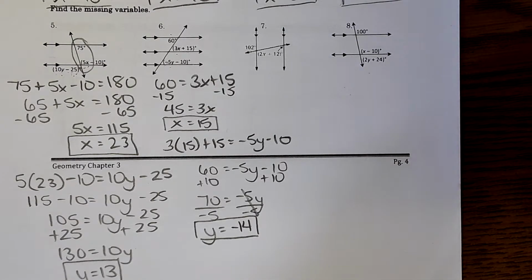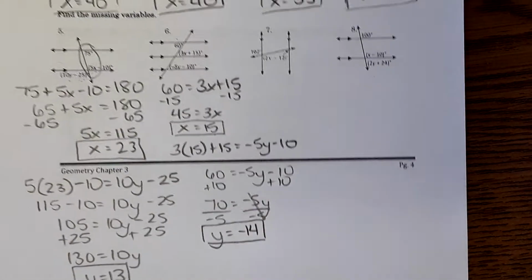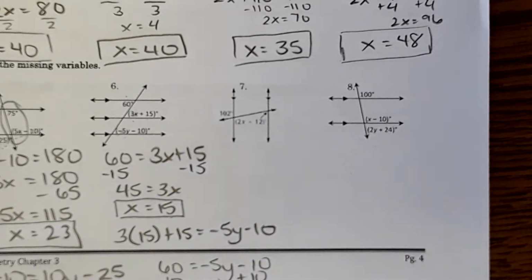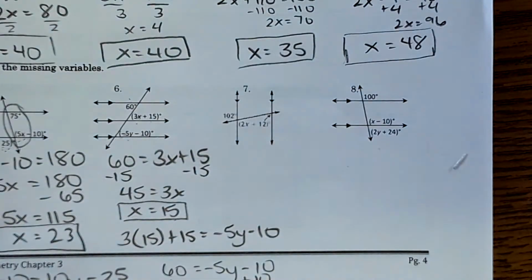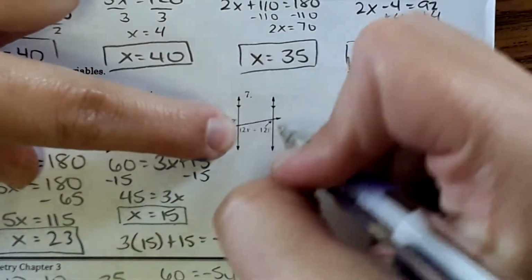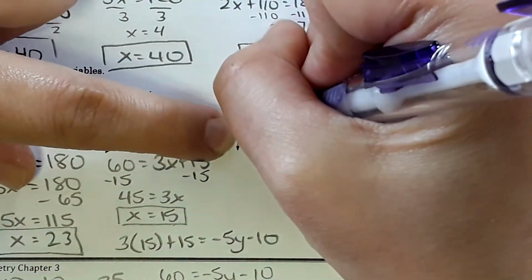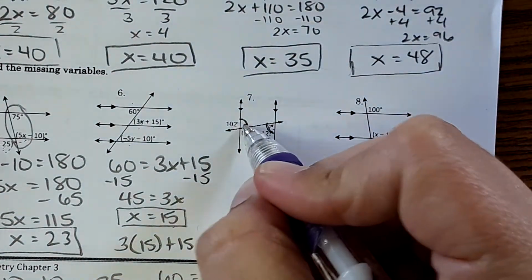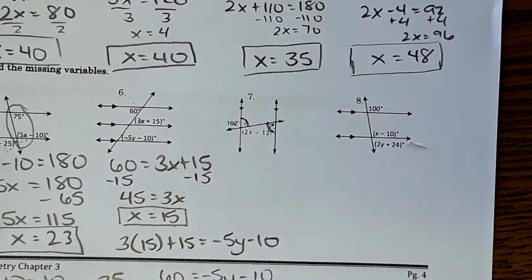Okay, number 7 is one that's a little trickier. We can't just set it equal. Let's see if it'll focus. Okay, so for 7, these two angles actually don't have a relationship. This one would be equal to this one. That would be alternate interior, and then that would be supplementary to 102.